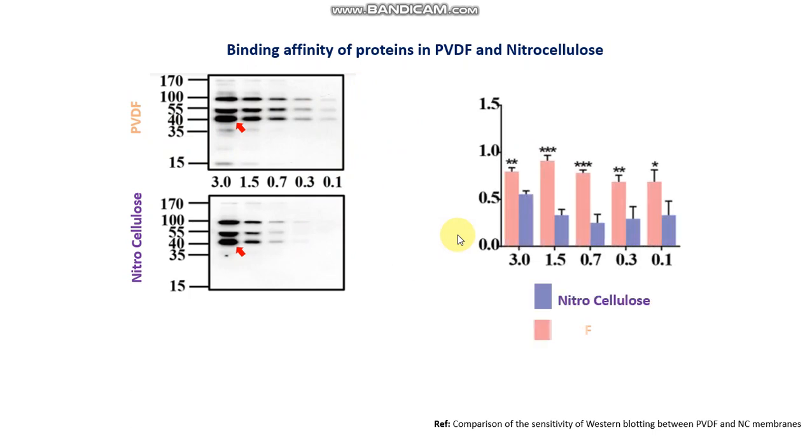Here is a graph showing that for all of the protein samples, the PVDF has significantly higher binding affinity compared to the nitrocellulose membrane. It also has a stronger binding with the protein. This is why the PVDF membrane is the best one for the higher binding affinity of the proteins. Next is the membrane stripping.